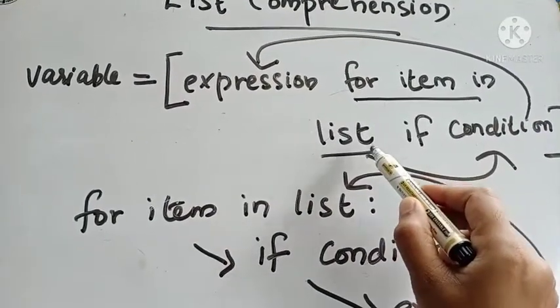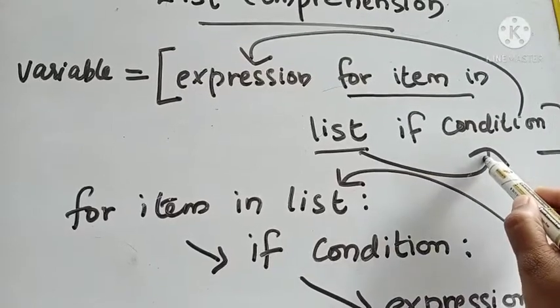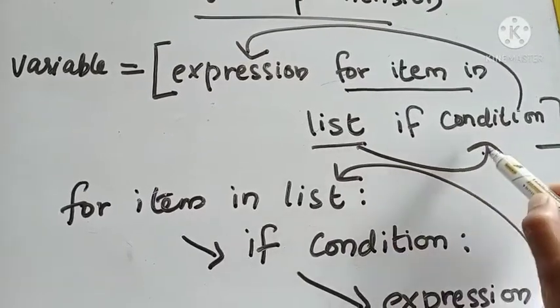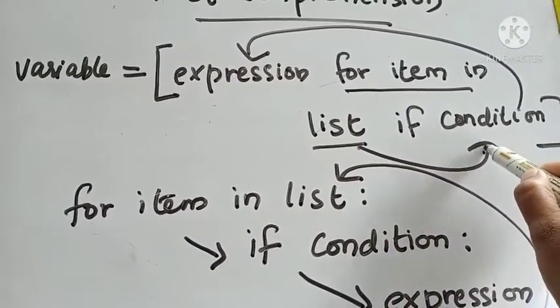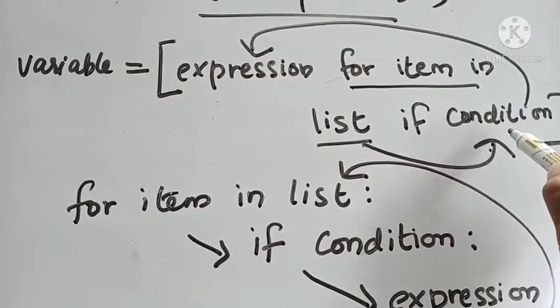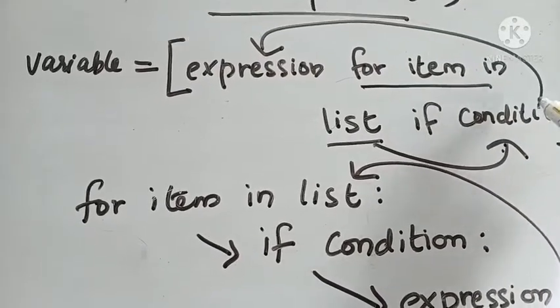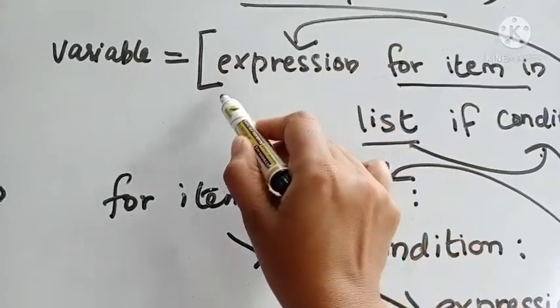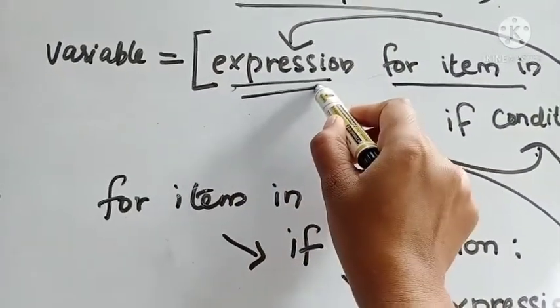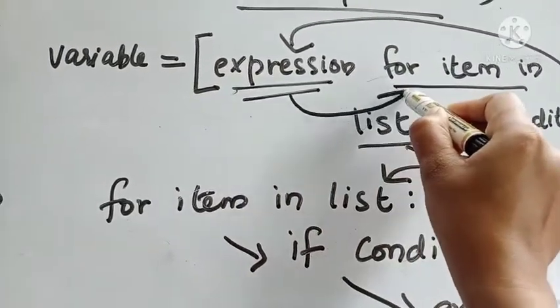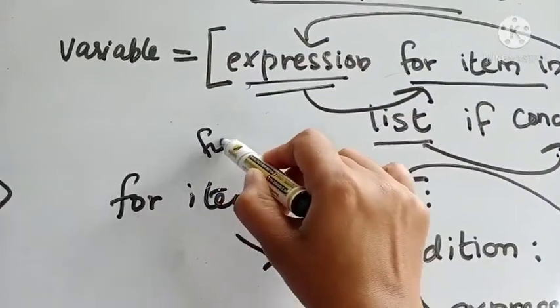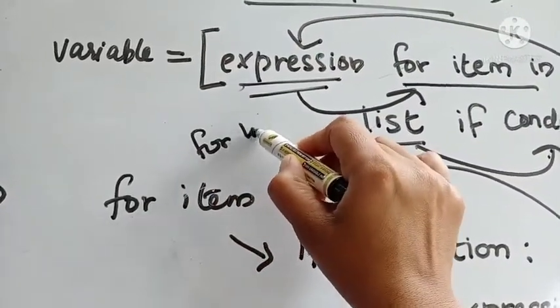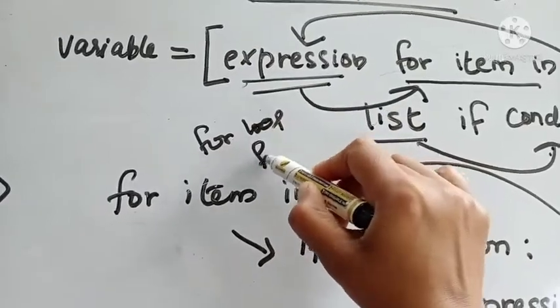If the condition is true, it goes to the next section, that is, it checks the if condition. And if the condition is also true here, it moves to the front and evaluates this expression, and this process will continue till the for loop has false as a value.